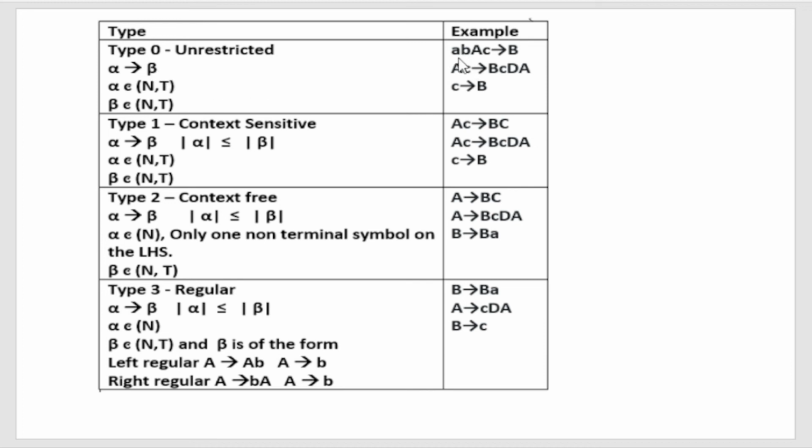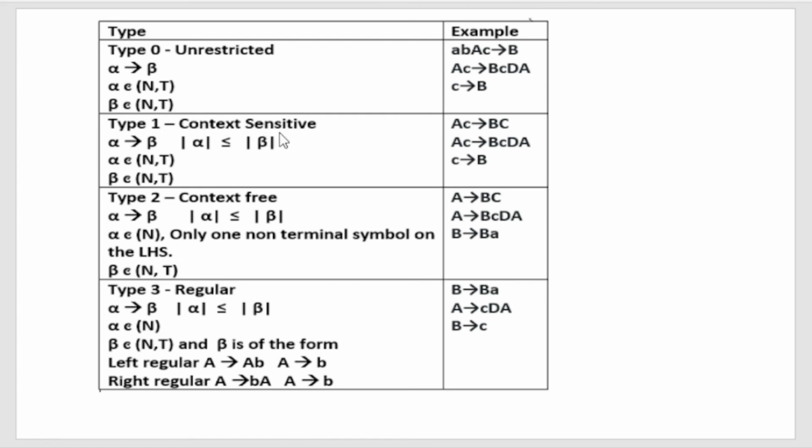For example, consider the production rule AC derives B. Here, the production rule is of the form alpha derives beta, where alpha is a set of terminals and non-terminals, and beta is also a set of terminals and non-terminals.